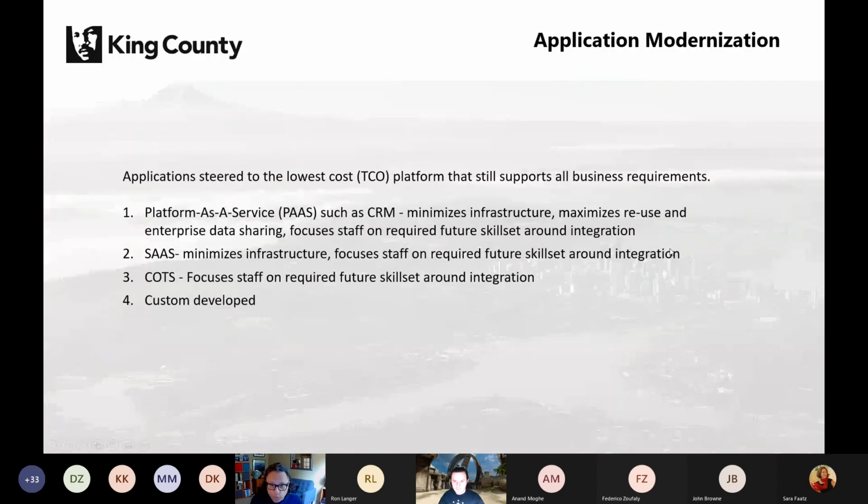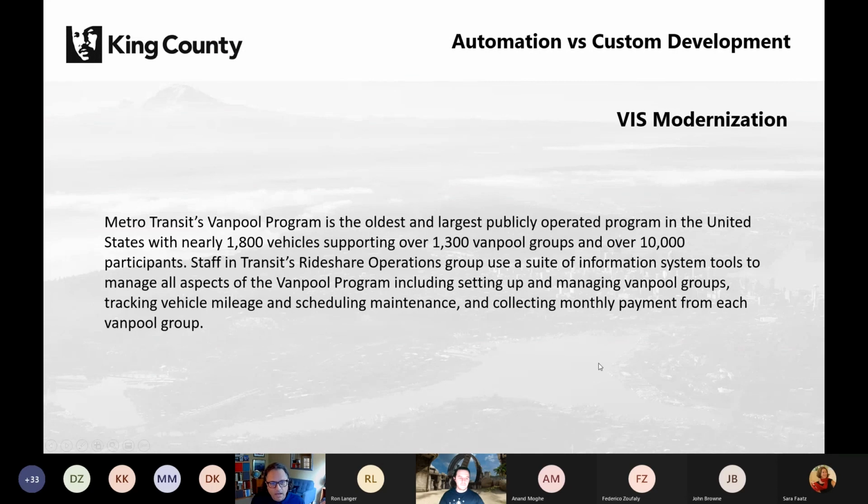So for those of you who don't know, van pool is like this program where essentially the van pool program has about 1,800 vehicles that they purchase, and they pool in groups, often through employers who subsidize the cost of the service. And basically we're having people who are self-identifying and self-organizing to drive themselves as part of a daily commute in a van pool.